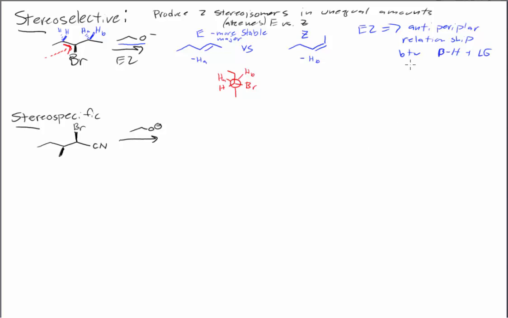So basically that means we need 180 degrees between them on our Newman projection, and indeed we have that with HA and the bromine right now. These are 180 degrees from each other. And so if I then make an alkene, I'm going to have these groups that I circled in blue on the same side of the alkene. And so let me put HB on my alkene right here, and you'll see that it's right there.